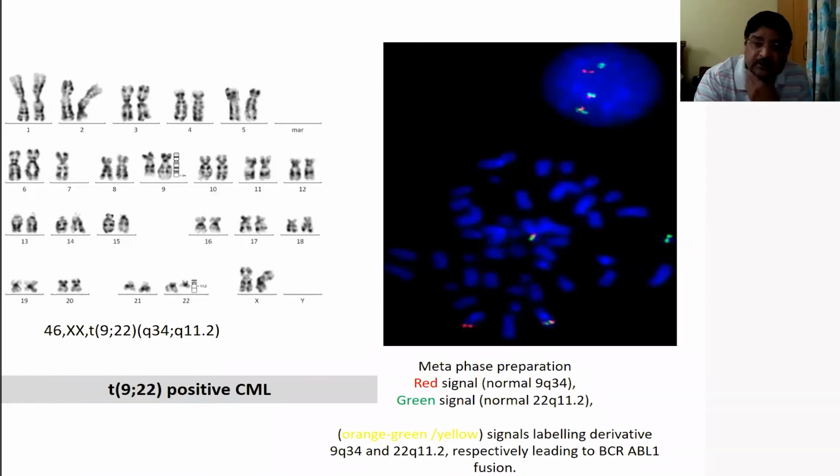Like in the upper nuclei, these are all interphase cytogenetics. You can see a fusion signal, and in this metaphase also you can see a fusion signal. So there will be one green, one red, and one fusion if it is positive for t(9;22). Next.